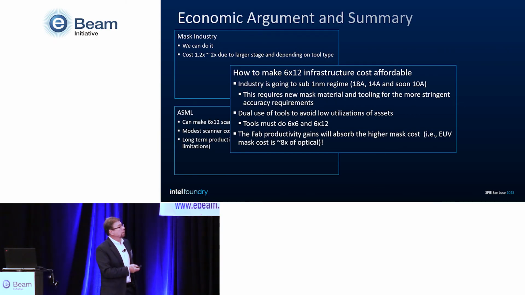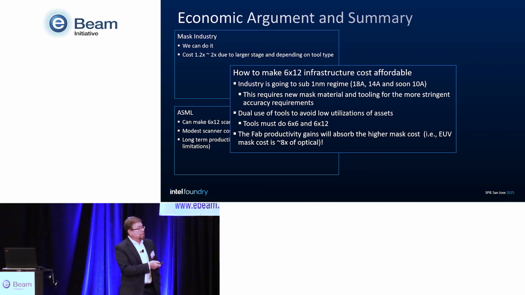So the idea is to have dual tools that can do 6 by 6 and 6 by 12. If we buy all the tools that are 6 by 12 only, then we sunk all that capital, and we're going to wait a few years until we can have that 6 by 12 ready, and can't afford that amount of capital.